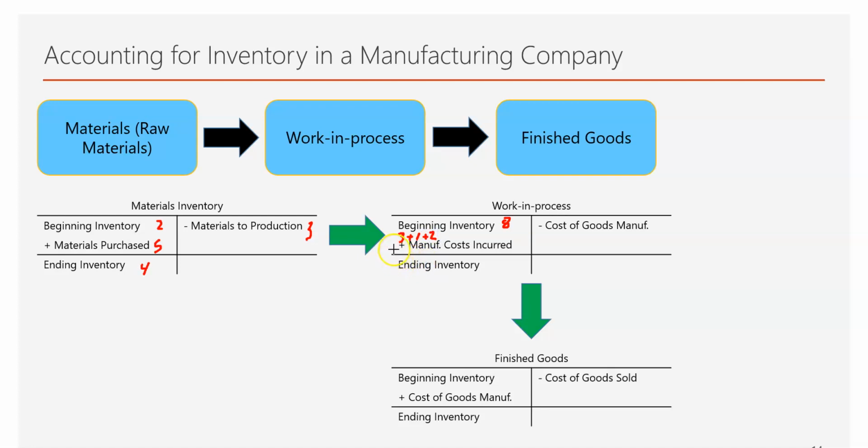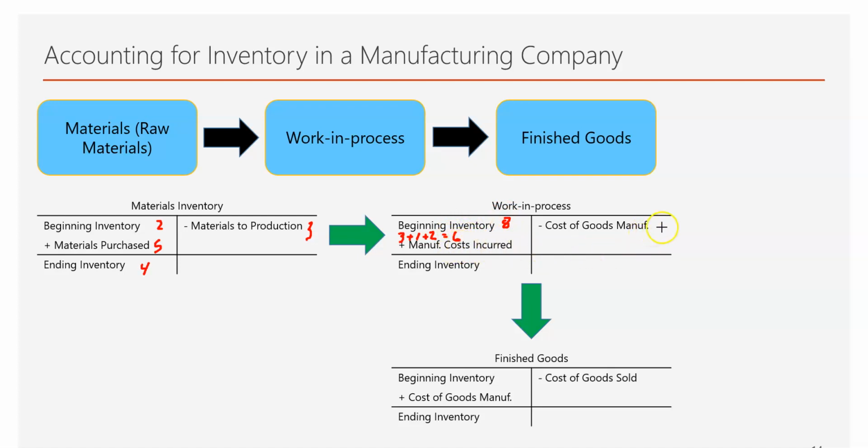How much total manufacturing cost did I incur? I incurred 3 plus 1 is 4, plus 2 is 6. So at this point in time, I have $14 of costs involved in the work in process: $8 from beginning inventory that carried over plus the $6 of manufacturing costs incurred.